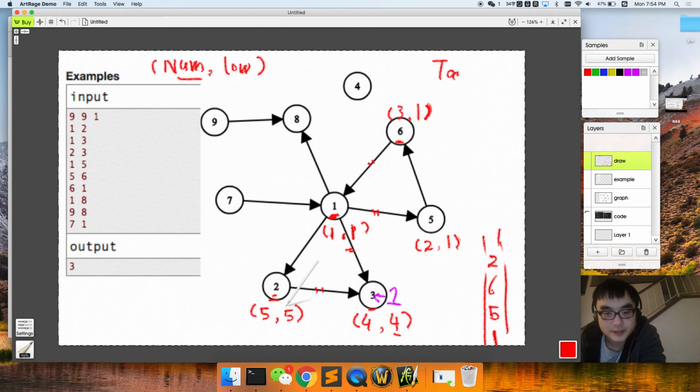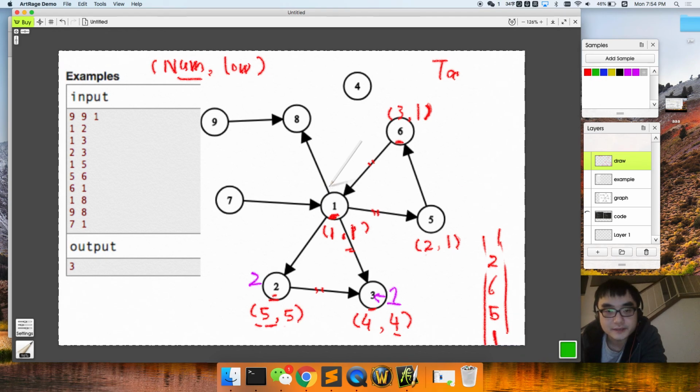So we backtrack, and this node itself is the lowest number it can reach. So this guy itself is also an SCC, right? So this guy is SCC 2 here.